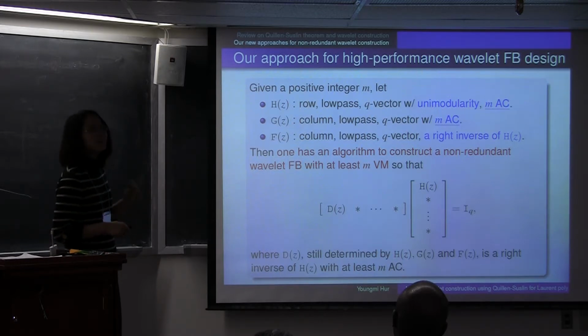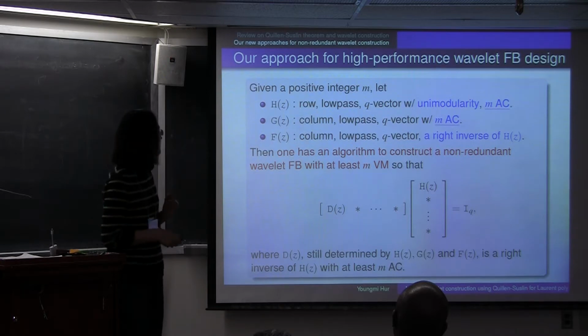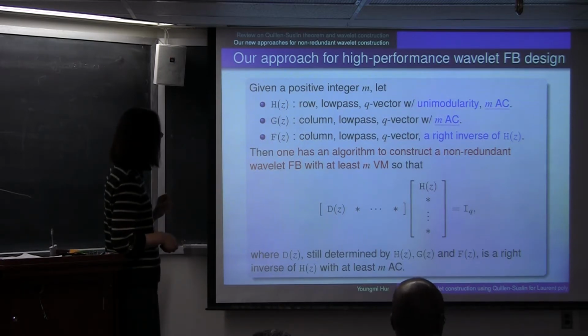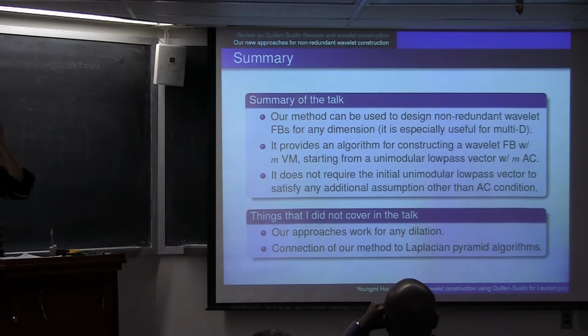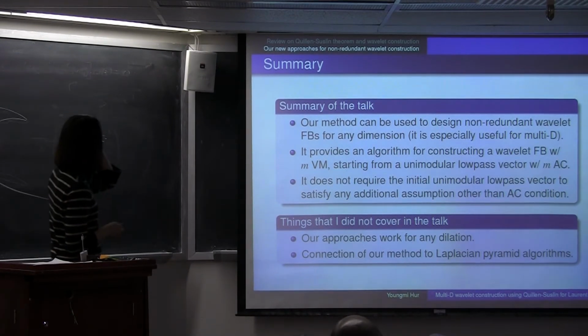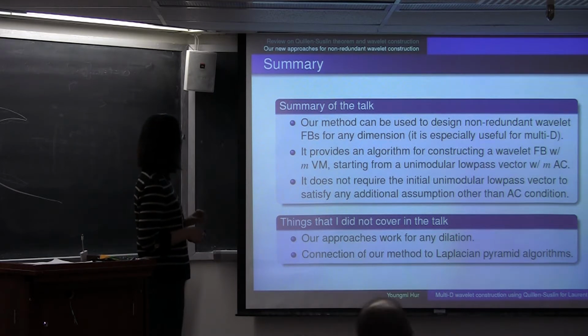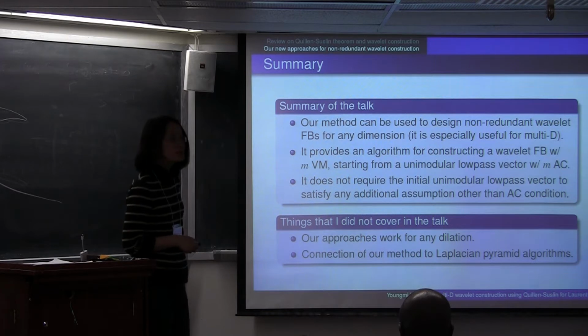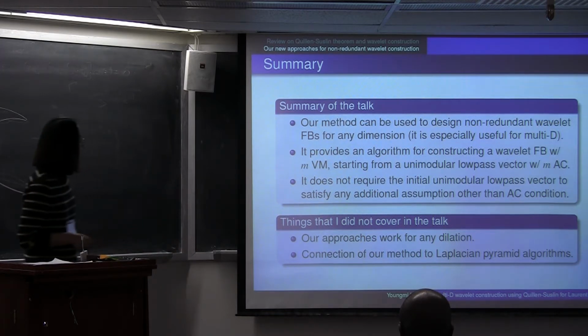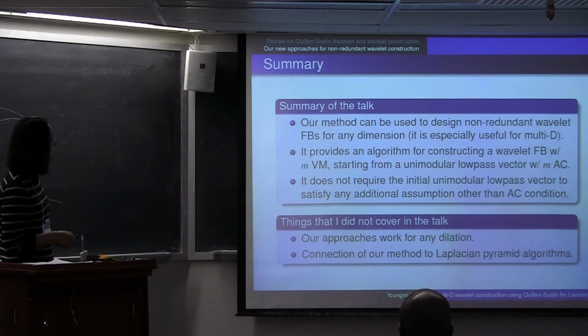You might need some time and effort, but you just start from this and it's guaranteed to have the n-dimensional condition. So here's a summary. Our method can be used to design non-redundant wavelet filter banks for any dimension, but it's especially useful for multi-dimensional space. It works under very, very minimal conditions.